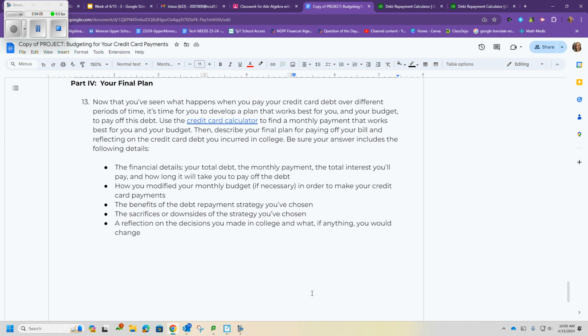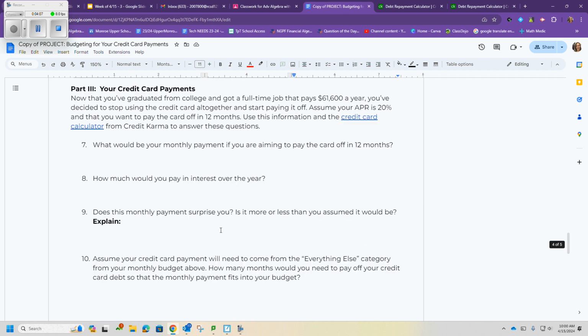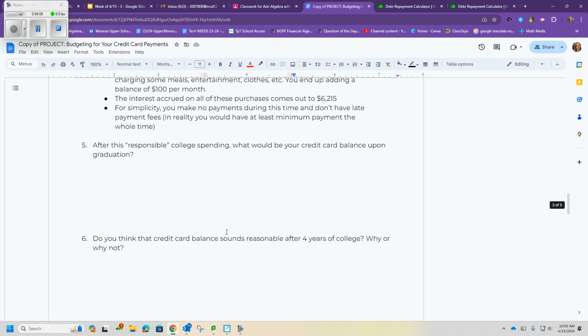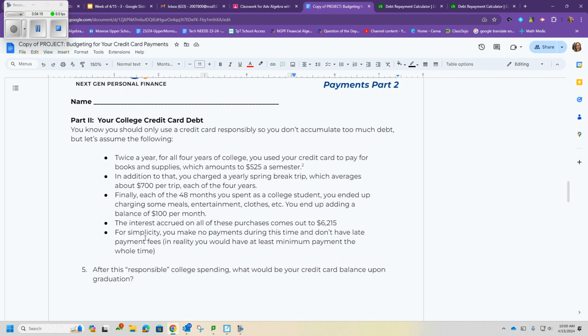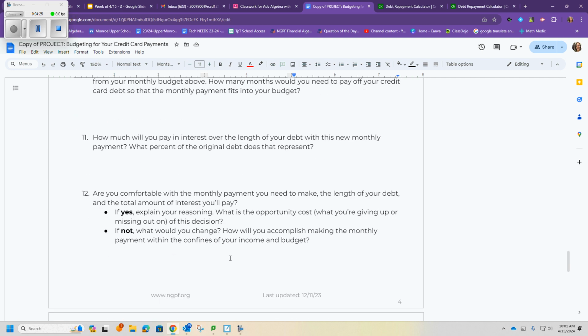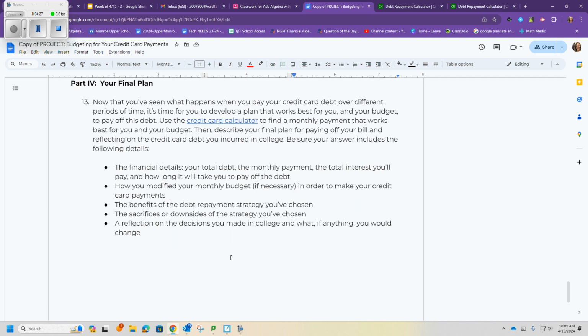Okay, so remember that when you were in college, you had all these different charges here from part 2. The books, the spring break, the $100 a month on meals, entertainment, clothes. Okay, and you can't really help the interest. When you don't have money and you borrow from a credit card, that's from a bank, and you have to pay them back interest.